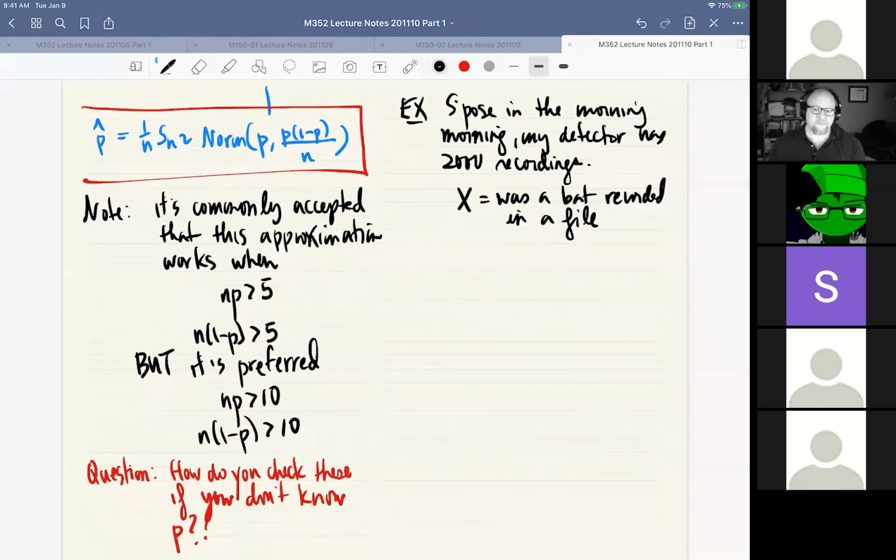So if I let that be my random variable and I look back at that other table I showed you before with the probability distribution function, I can say that the probability distribution of this random variable is this. There was a 31% chance that there's no bat recorded in a file, and a 69% chance that there was a bat recorded in a file.